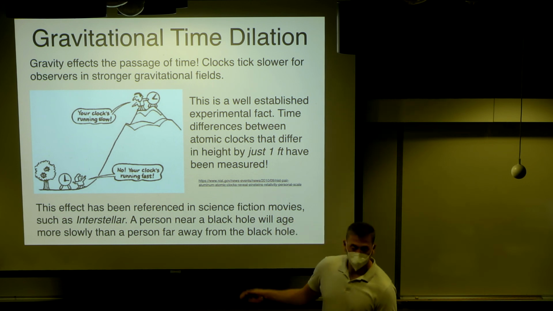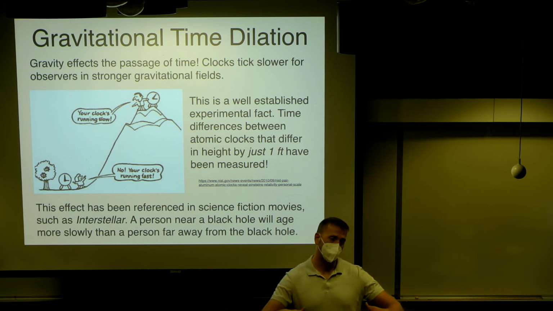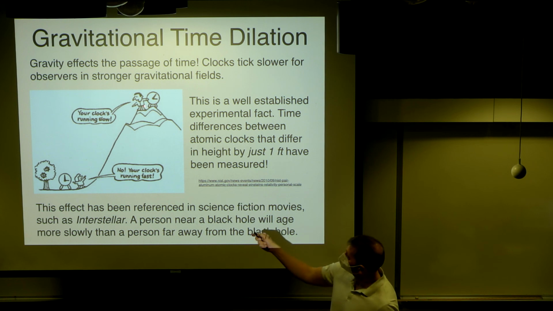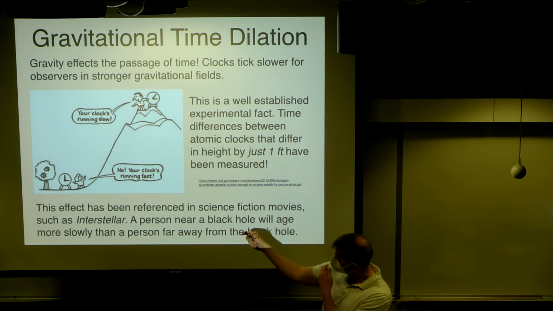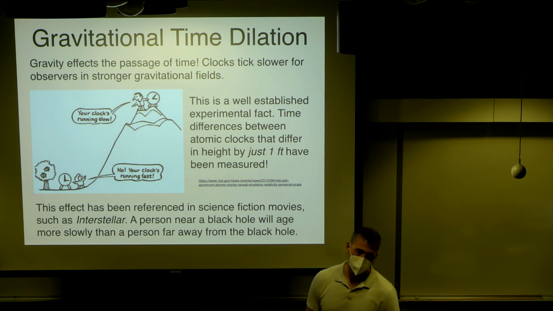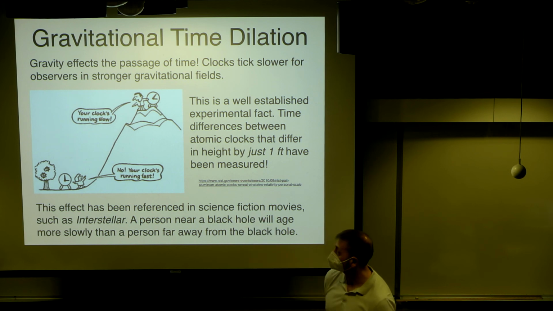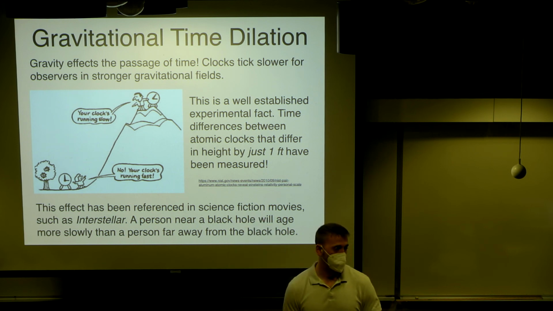So normally, we would expect the clocks to report the exact same passage of time, because they're precise enough to do that. But it turns out, if you do this and then you compare the clocks, they disagree. So the clock that's at sea level in a stronger gravitational field is running slower compared to the one up there on the mountain.